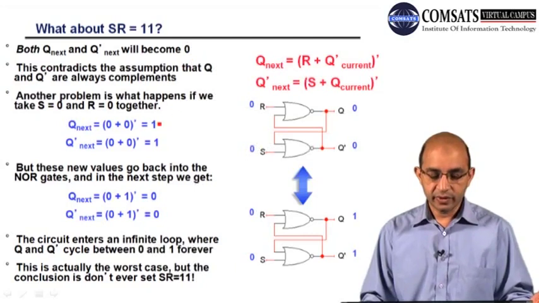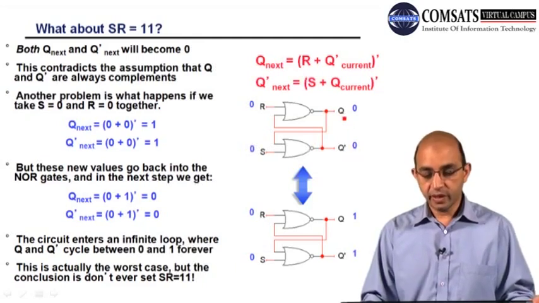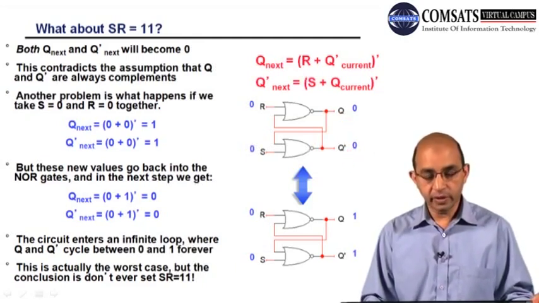If we want to calculate by putting the values in the equation, you can see that we have 1 here, and regarding Q bar we also have 1, and that is not possible because Q and Q bar should be complements. If there is a 1 here, there should be a 0 here, and if there is 0 here, there should be a 1 here. So this is not possible.